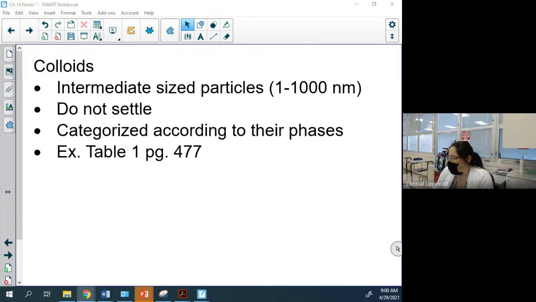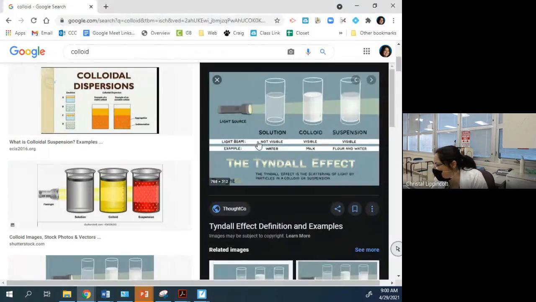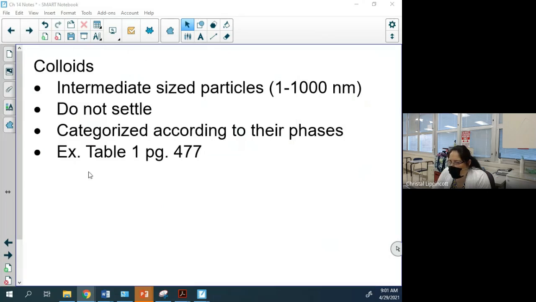This was back in chapter 3, where if we shone a light beam through it, it's going to internally reflect within this colloid. The suspension will also do it, but remember the suspension is going to settle out over time, and then the light beam will go through. So the colloids are going to be positive for that Tyndall effect.